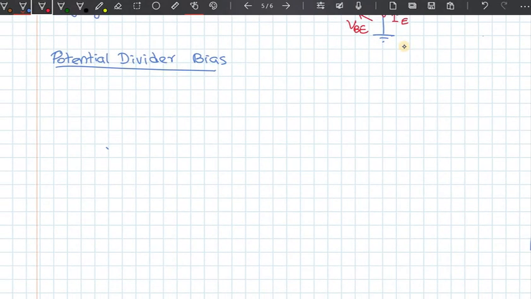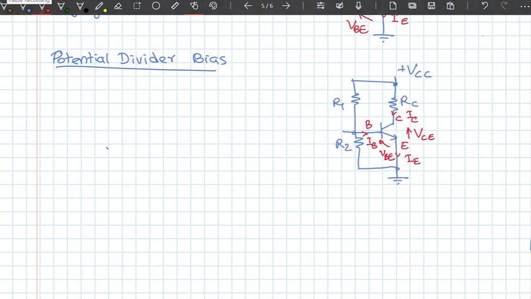In this particular case, similar to what we have earlier, we have a similar circuit, except that the biasing is obtained using a voltage divider, a potential divider circuit, as shown here. So how do you find the quiescent point, the Q point?